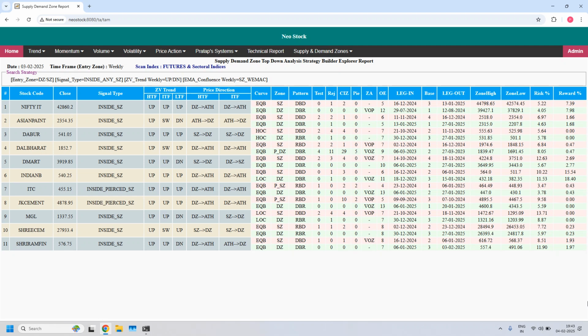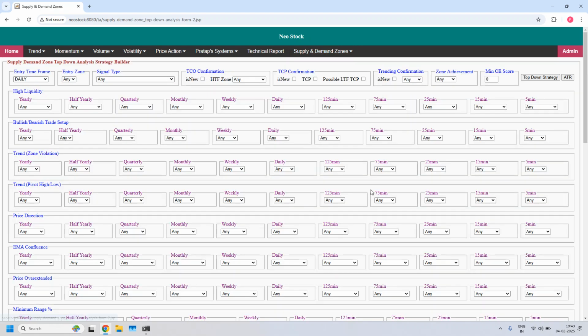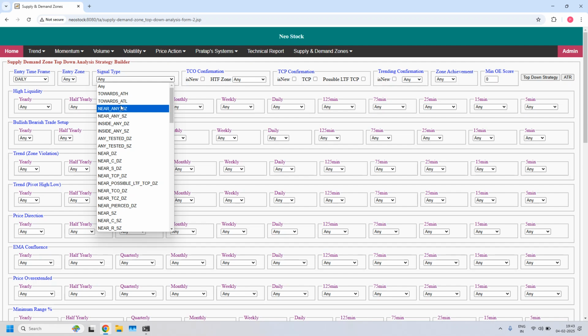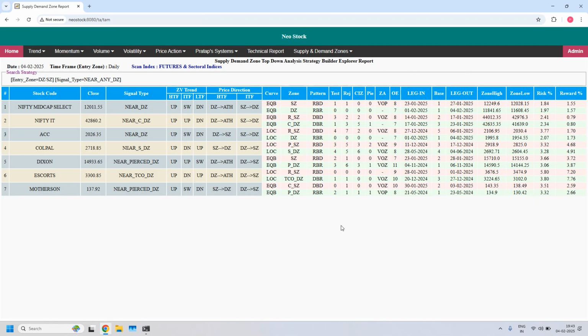Okay, this is about a weekly time frame. Next time frame is daily. Entry time frame daily. Let us find the stocks near daily demand zone. We got 7 stocks. Let us identify high liquidity zones from this list. NIFTY IT is a pierced zone, where anyway it is indices.